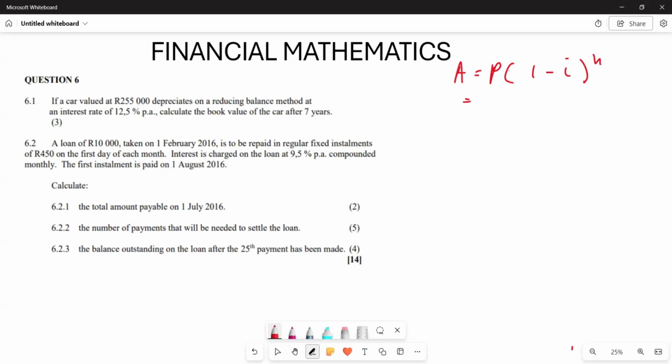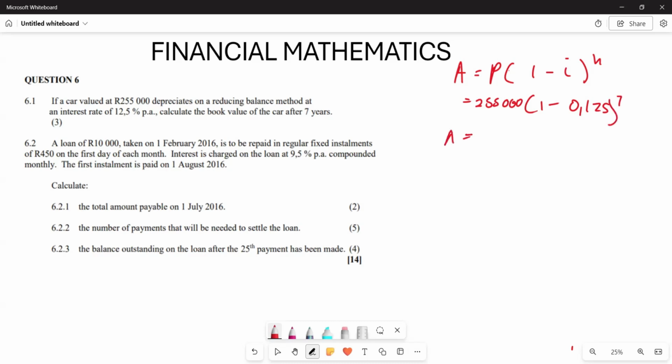Now this is the formula for depreciation, right? What is going to be the P, which is the principal amount? The principal amount here is 255,000 into 1 subtract the interest given here, 0.125, for 7 years, right?